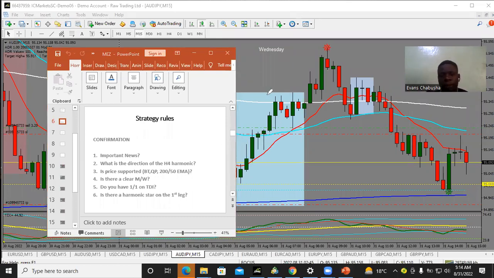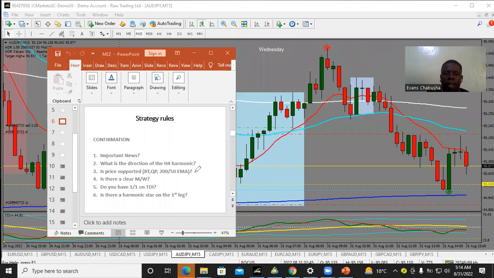We have seen that there is no important news. The 4-hour harmonic is showing that it is going down, and we are looking for an opportunity to sell. So we are in line with the 4-hour harmonic. We are not countering it.